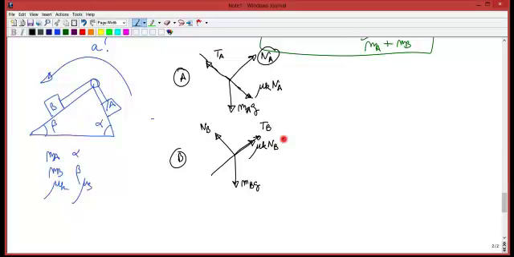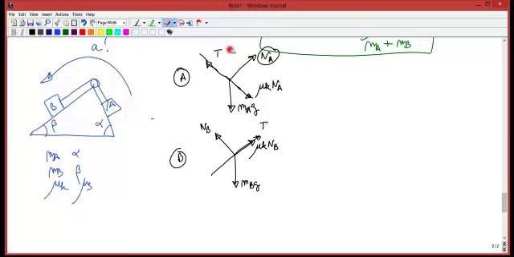We realize that B and A are connected to one another, so we can use Newton's third law. We know that in between there's a stupid annoying pulley, but there is no mass for the pulley, therefore we can consider it massless. Therefore, we can make the assumption that the tensions are the same, and hence TB is equal to TA.